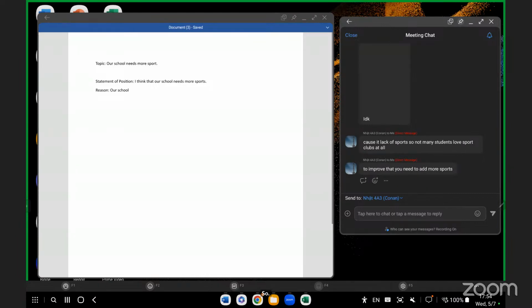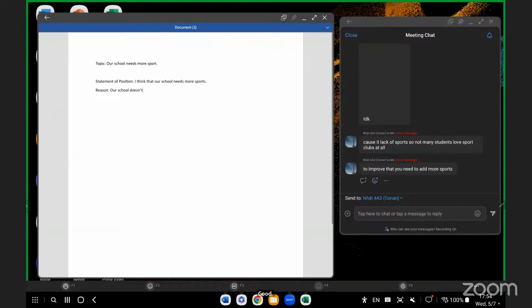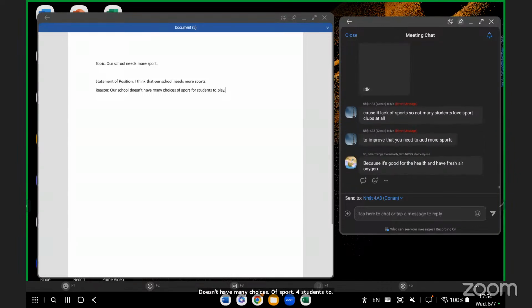So our school doesn't have many choices of sport for students to play. Good. Now we're starting to provide evidence too, Bo. Well done. So our school doesn't have many choices of sport for students to play.